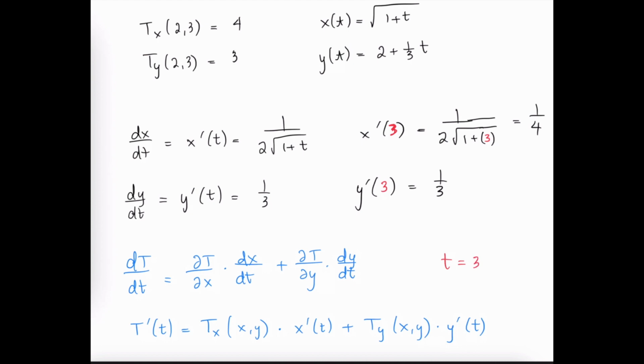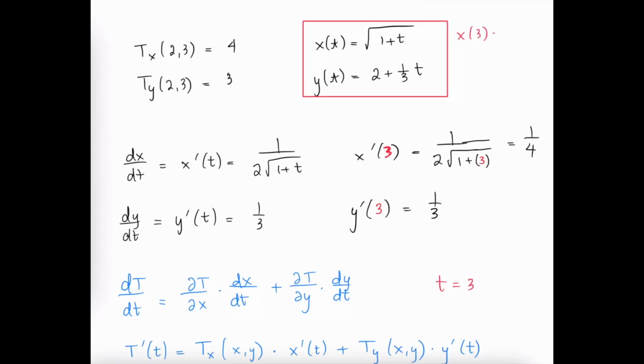Again, we're looking at time t equals 3, and by the way, the position at time t equals 3 is going to be, after we plug in 3 for t, the square root of 4, which is actually 2, and plug in 3 for the y position parameter, and we get 1/3 times 3 is 1, plus 2 is 3. So our position at this time is (2, 3), which is a good thing because we've based all of our stuff off of that domain element.